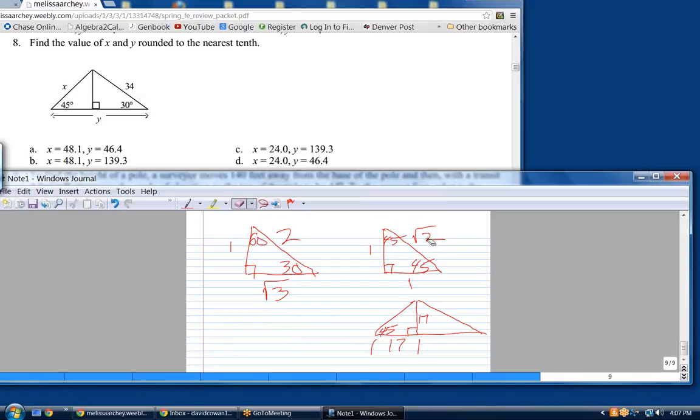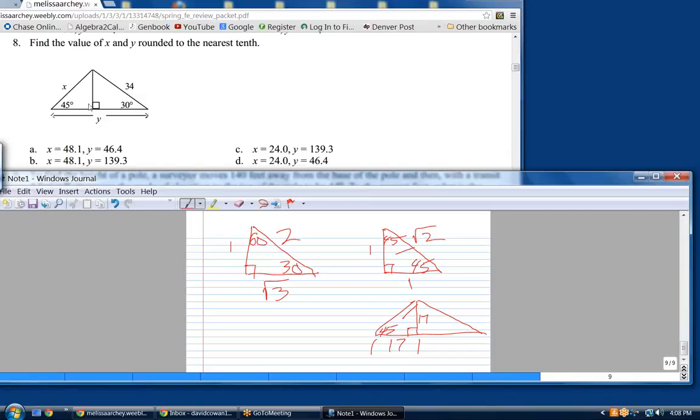Let's use the similar triangles to figure out what x is. What is the scale factor between this triangle on the left and our unit triangle? For x? Yeah, it'd be x root 2. Well, it would be 17 root 2. Right.